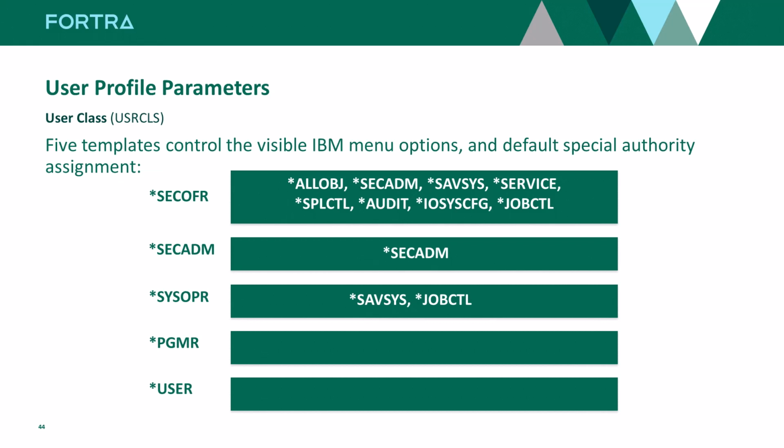And *SYSOPR is granted both *SAVSYS and *JOBCTL, with the original intent that the system operator is going to be the one responsible for the backups and for initiating and ending jobs and ending the system. The *PGMR and *USER classes have no special authorities associated with them and will not, by default, assign any to a user created with those classes.